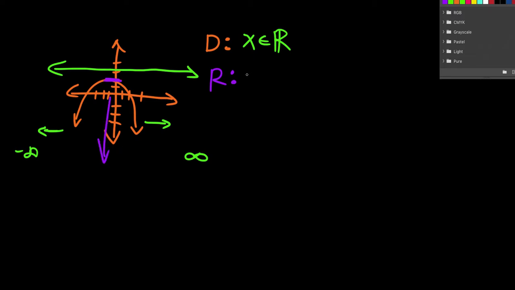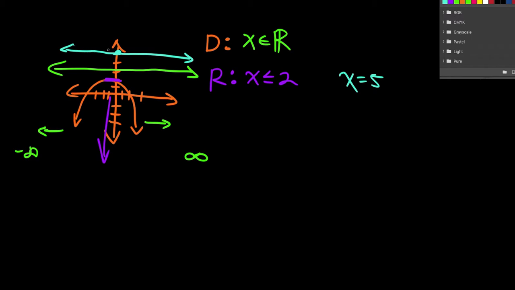And so the way that we're going to write that is we're going to say y is less than or equal to 2. So for example, if we pick a value for our y values, our range, if we pick y equals 5, and we go over to the graph, 1, 2, 3, 4, 5, is anything on this line contained on the graph?